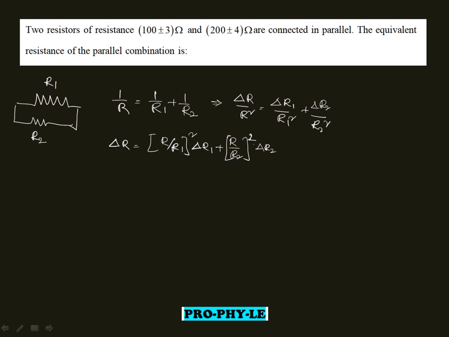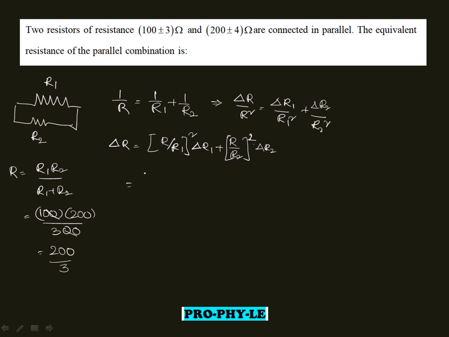Now from this formula I can calculate R as R1 R2 by R1 plus R2, which is 100 into 200 by 300, simply 200 by 3.